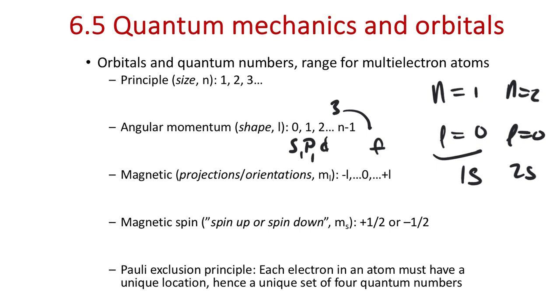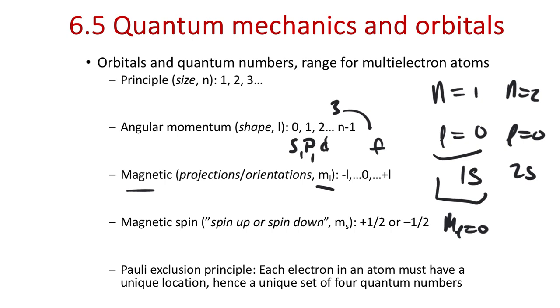The range of permutations of the orbitals is shown through the magnetic quantum number, the m sub L quantum number, and it ranges from minus L to 0 to L, all integers between. So when we're looking at n equals 1, L equals 0, the only m sub L is 0, meaning there's one 1s orbital.